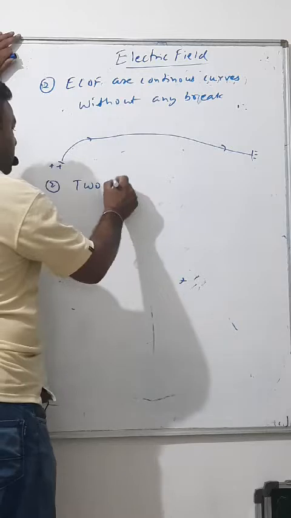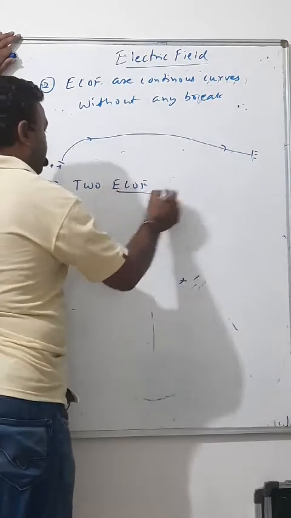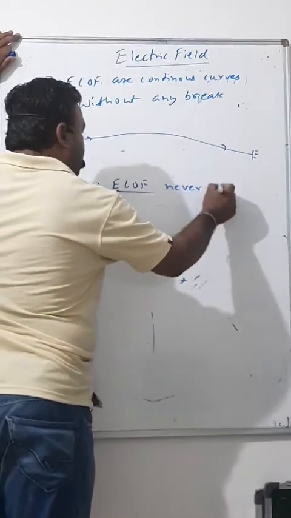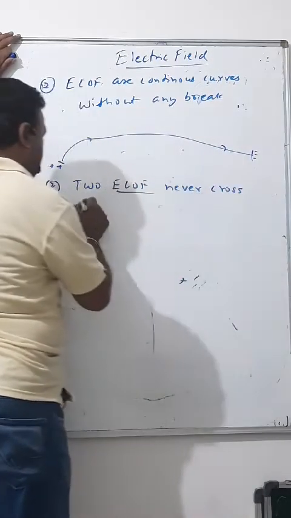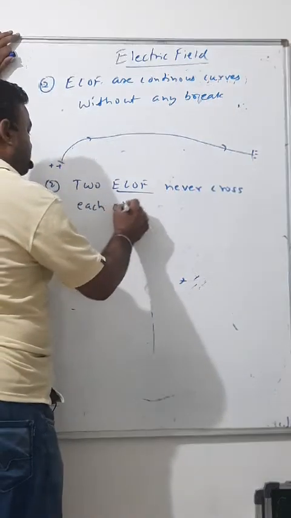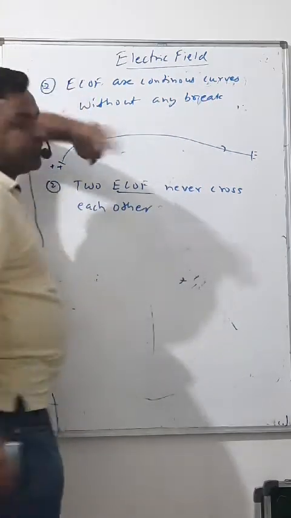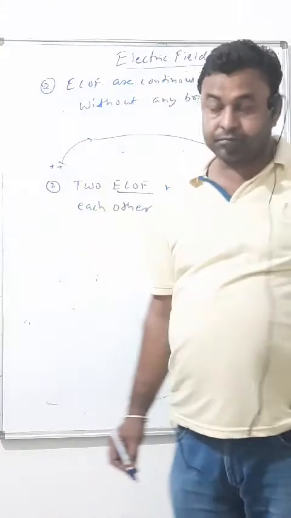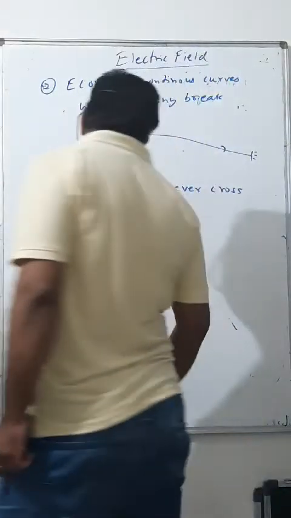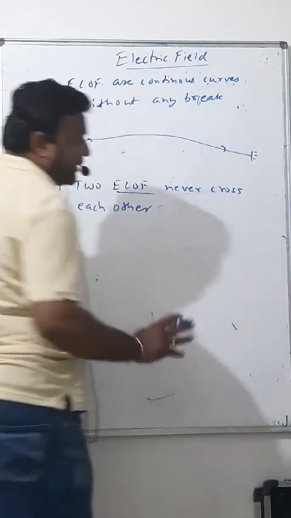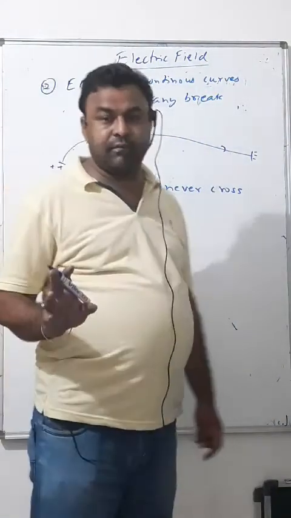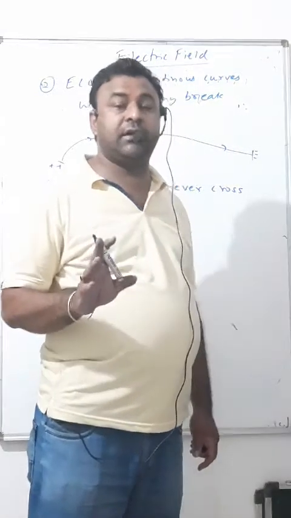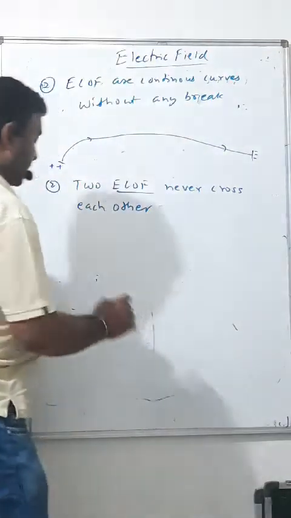Two electric lines of force never cross each other. Now, what will happen if they cross? As per the definition, if I draw a tangent at any point, that will give the direction of electric field intensity at that point.